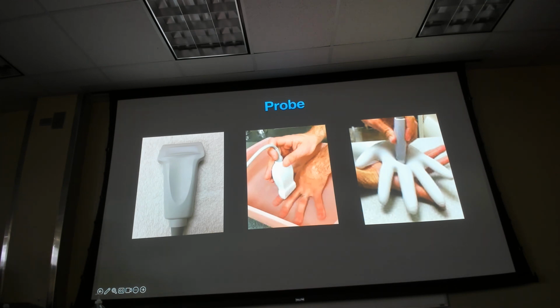You're just putting the tip of the probe in the water, and it gives you enough medium to see the bones, so it's pretty cool. Or you can fill up little gloves with water to give you distance so that the ultrasound beam and sound waves can travel through something and bounce off the tissue that you're evaluating.